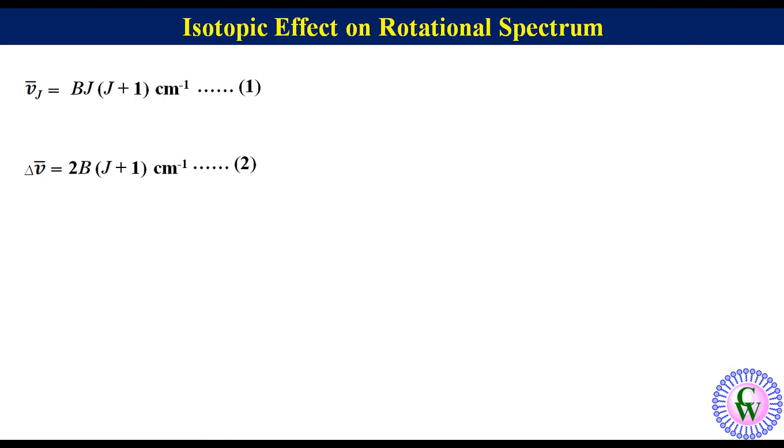The rotational constant B is related to moment of inertia Ib as B is equal to h upon 8 pi square Ib into c.